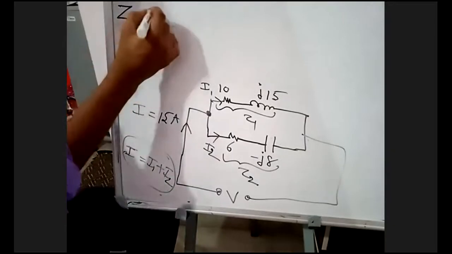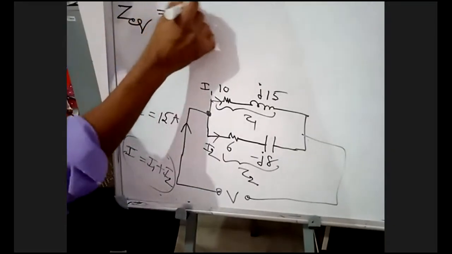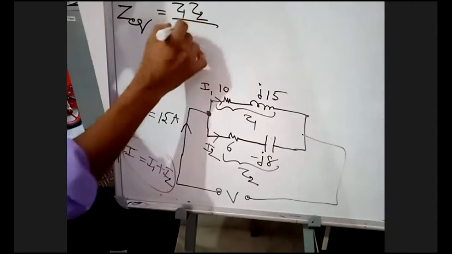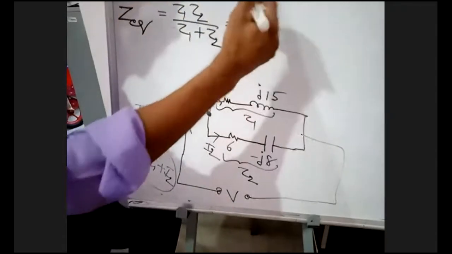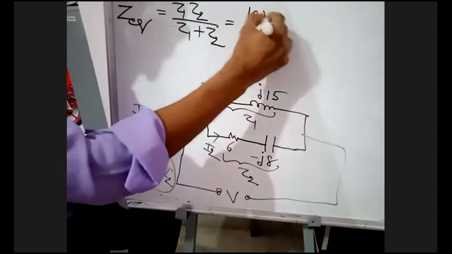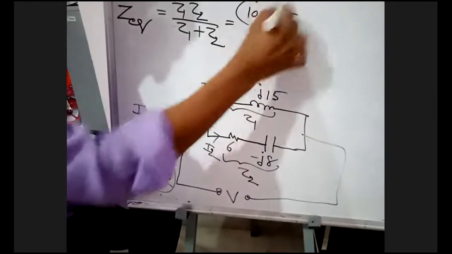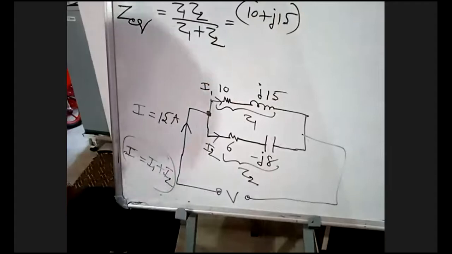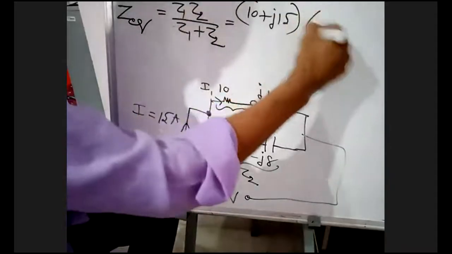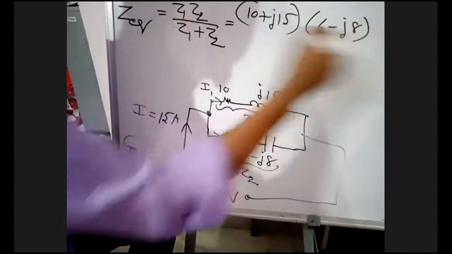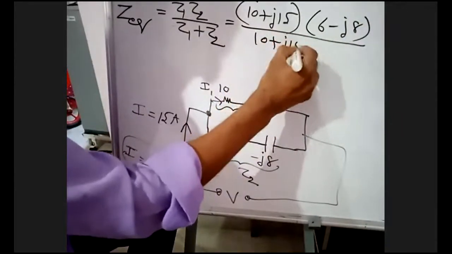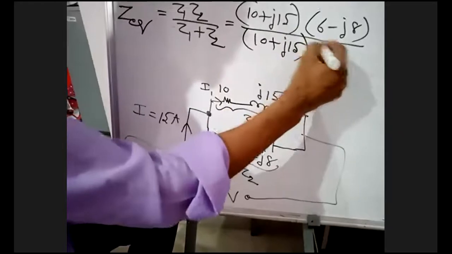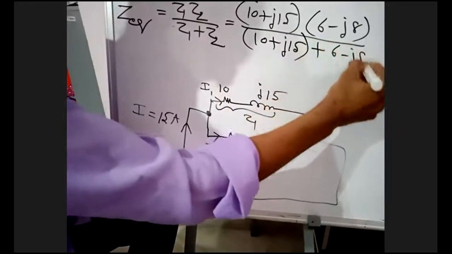Z equivalent is equal to Z1 Z2 by Z1 plus Z2. That is equal to (10 plus J15) into (6 minus J8), divided by 10 plus J15 plus 6 minus J8.